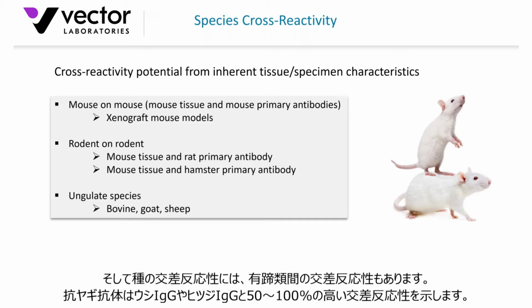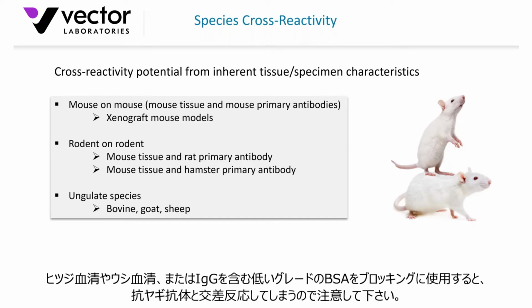And the final bullet point here I've got about cross-reactivity is look at some of these ungulate species. I know goat primary antibodies are fairly popular out there. Anti-goat has significant cross-reactivity, 50 to 100%, with bovine IgG, sheep IgG.